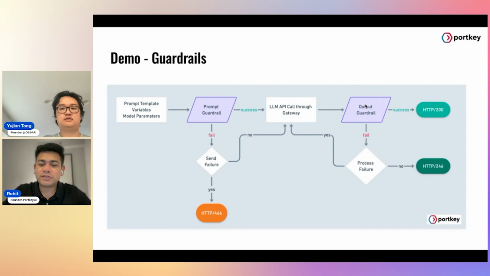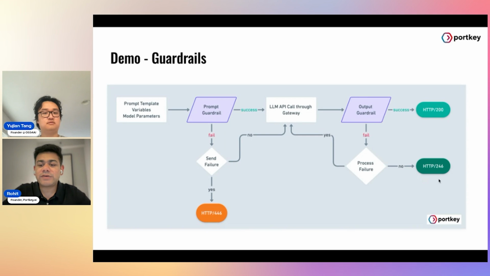And the other thing we're trying to do is, if it fails, we want to send out a different HTTP status code. From the very beginning, we felt that APIs were always built for a very deterministic world. Now that we have very probabilistic outputs, we want to say that, yes, the request succeeded, but the output was probably wrong because your guardrails failed.